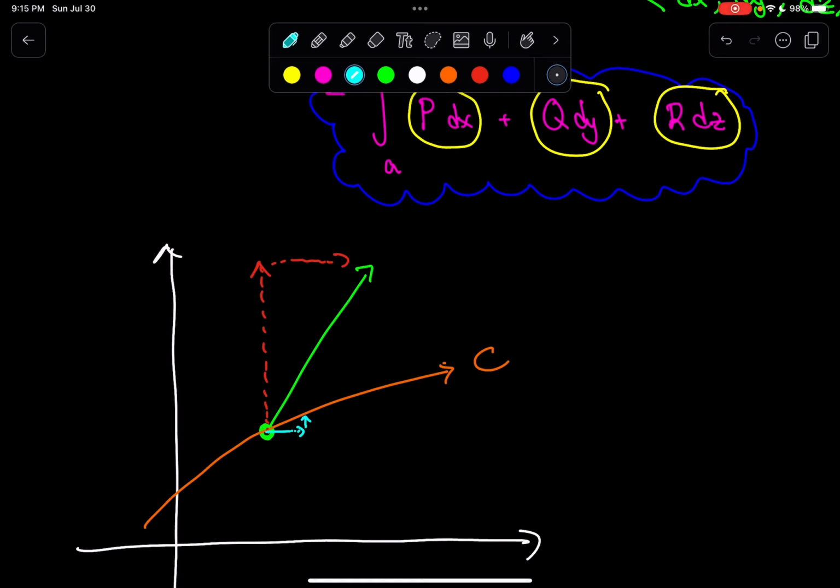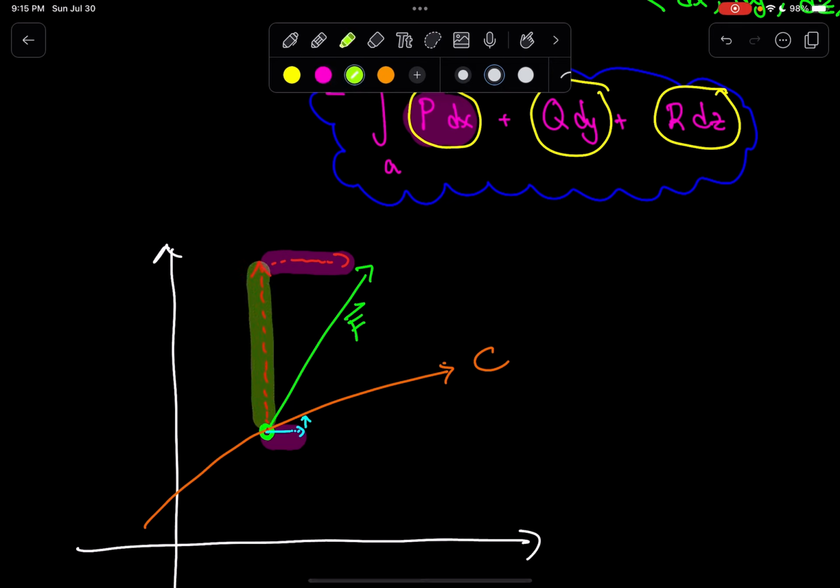And it's basically saying that one other way of thinking about the amount of our vector field going in the direction of C is: how much of the x component, how much of P, is actually going in the direction of dx? And then how much of our y component, Q, is going in the direction of dy, right?